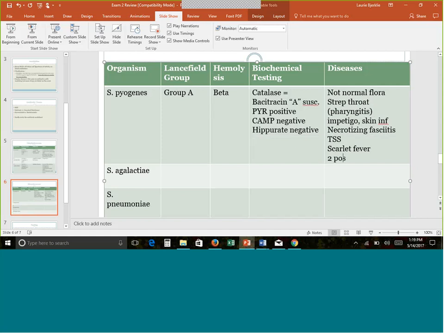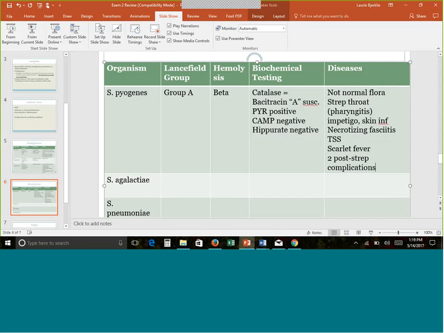And then there's those two that we call post-streptococcal complications, meaning that after you recover from a strep infection, your body has made antibodies to fight the strep infection. Those antibodies will bind up with the strep antigens and help destroy it. Well, that antigen-antibody complex can also do damage to some organs like your heart or your kidneys in the process.